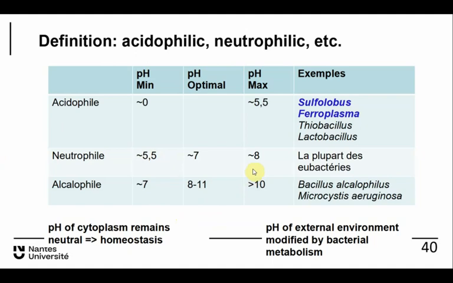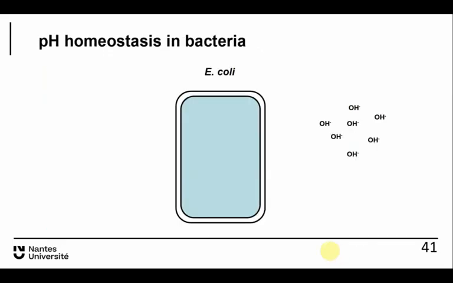And that's certainly true of these fermenters, which will produce acidic byproducts. So they'll have a tendency to acidify the external medium, but in order to survive, they have to keep their cytoplasm at neutral pH. So for Escherichia coli, this is the classical example where we know pretty much everything about how this bacterium lives.